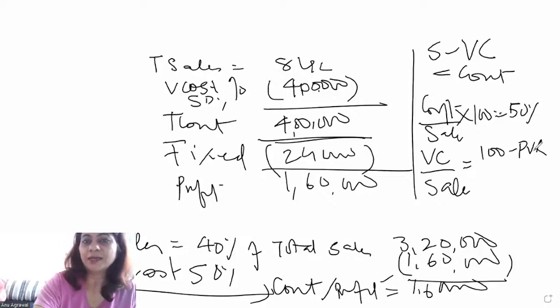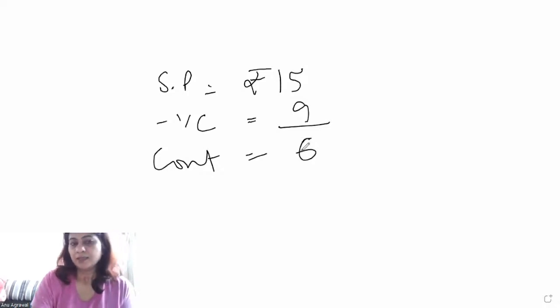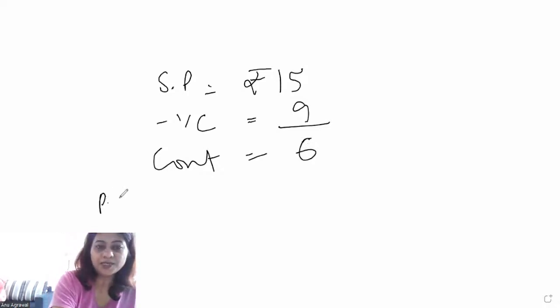You want to test and try it? Say for example, the selling price, Vrinda, is ₹15. Your variable cost is 9. So what is your contribution? It is 6. What is your PVR ratio? 6 divided by 15 into 100 is 40%.